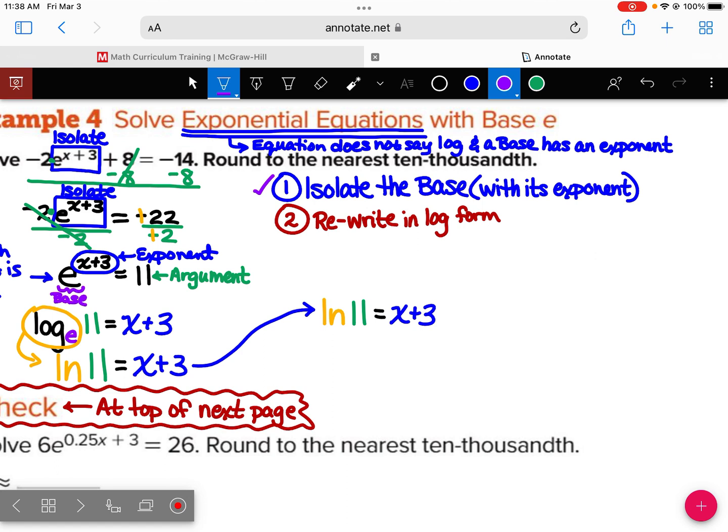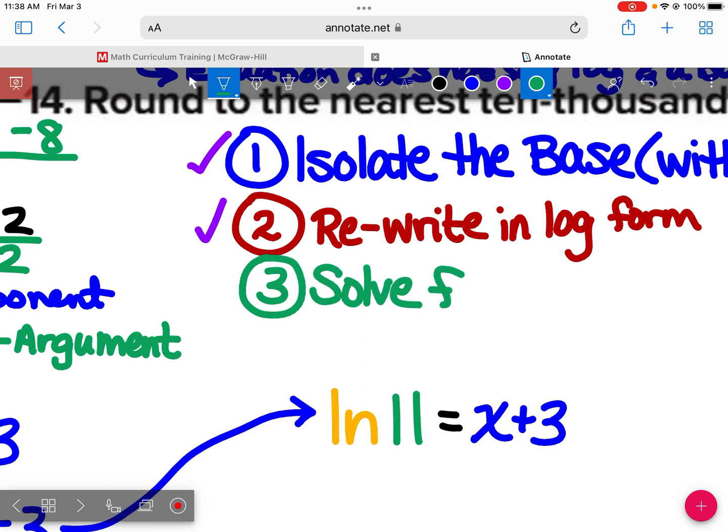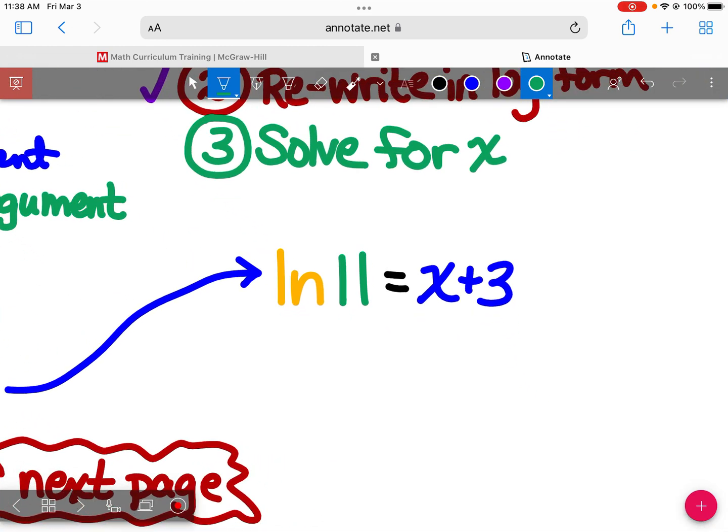What's been the goal of this problem the whole time? Why are we going through all this? What are we trying to do? Solve for x. So the last thing I do here is solve for x. What do I need to do to get the x all by itself now?